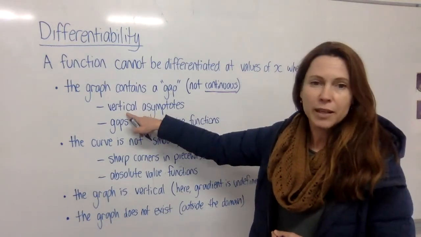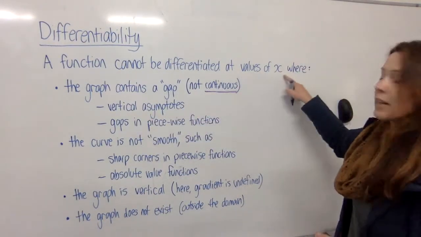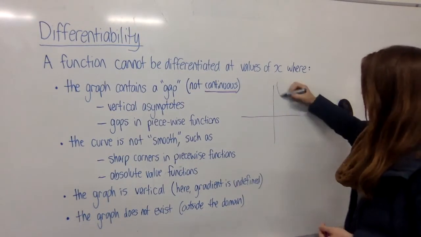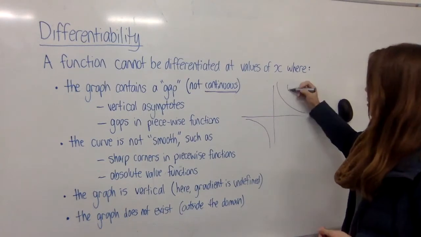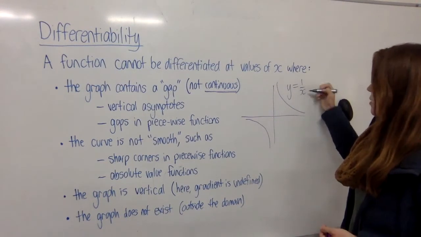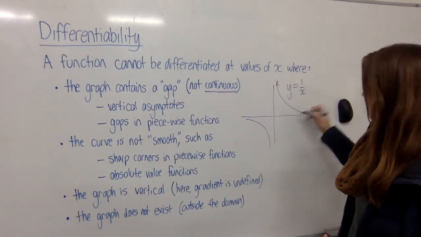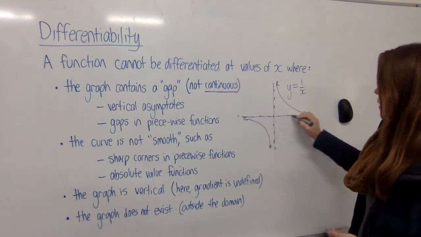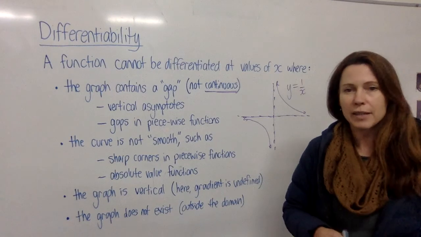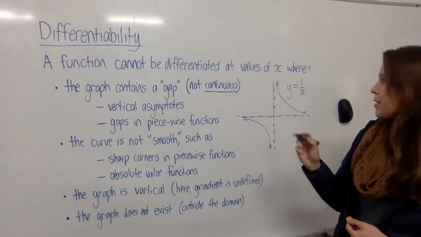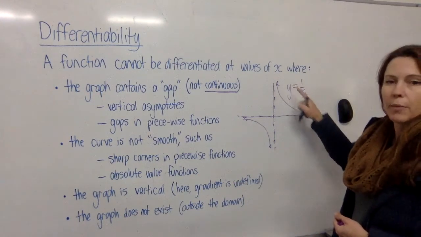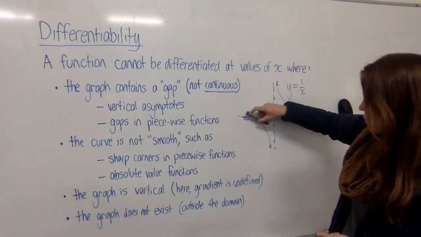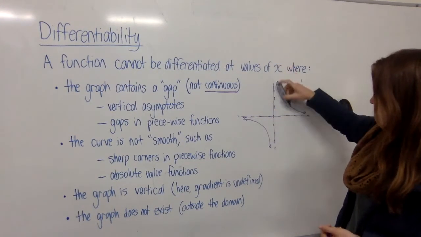If we have a vertical asymptote, then we're going to have a value of x where there is no part in the graph. So think about something like maybe a graph of y equals 1 over x, which looks something like this. Now we know it has a vertical asymptote and a horizontal asymptote that sit right on the x and y axes. But if we're looking to differentiate this thing and we're differentiating y with respect to x, then we're looking at the gradient of the curve in all of the values of x.